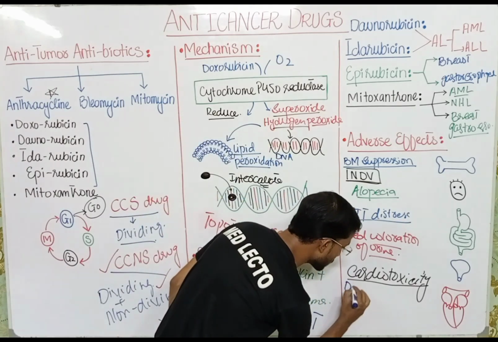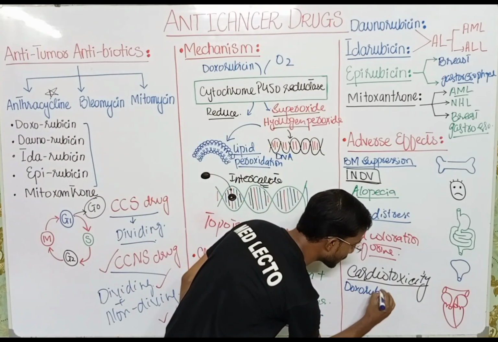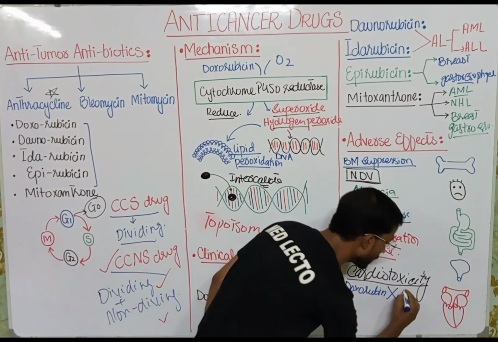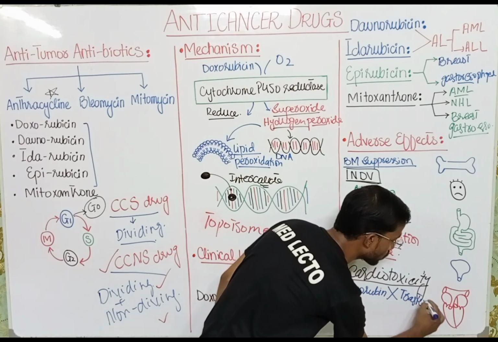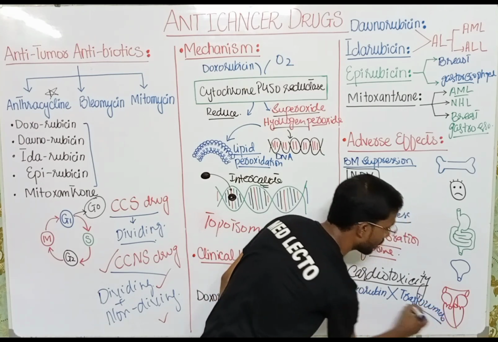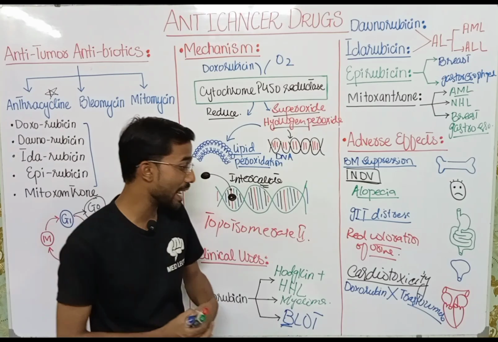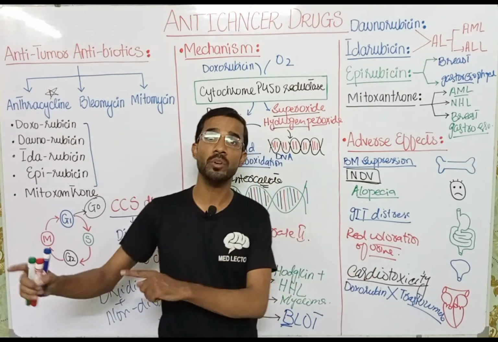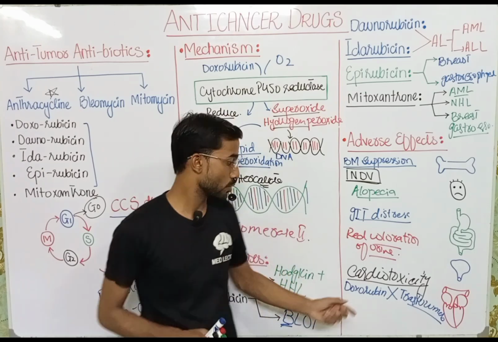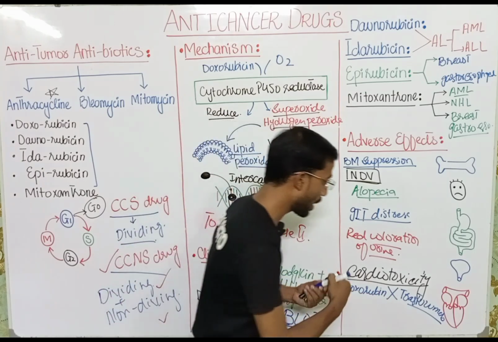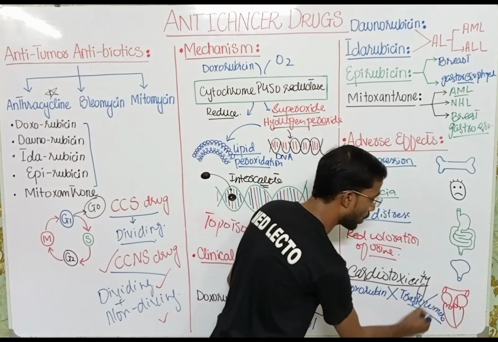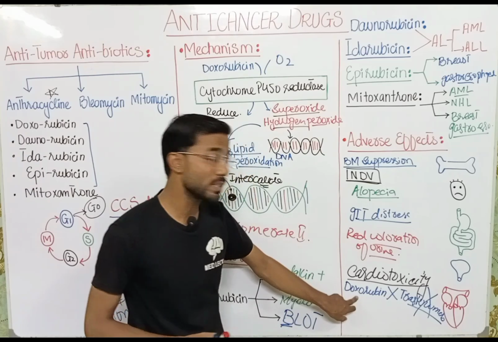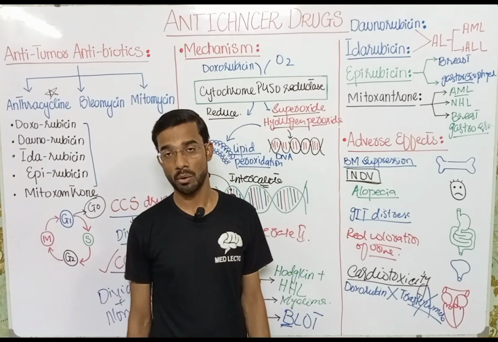So doxorubicin will not be taken along with trastuzumab, because when we use trastuzumab along with doxorubicin, it goes towards cardiac failure. So it is contraindicated to use doxorubicin along with trastuzumab. Okay. Because doxorubicin causes severe cardiotoxicity.